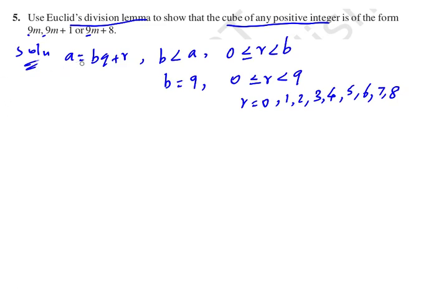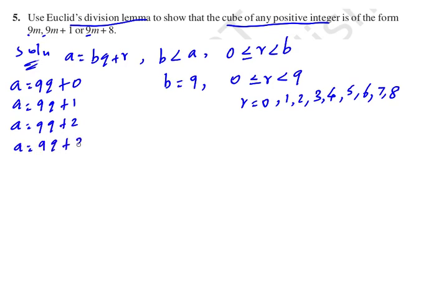We'll substitute in Euclid's division lemma format. So a equal to, in the place of b we have to write 9, 9q plus r. In the first case it is 0. A equal to 9q plus 1. A equal to 9q plus 2. A equal to 9q plus 3.